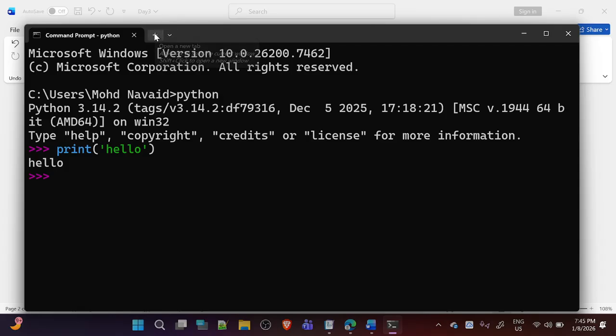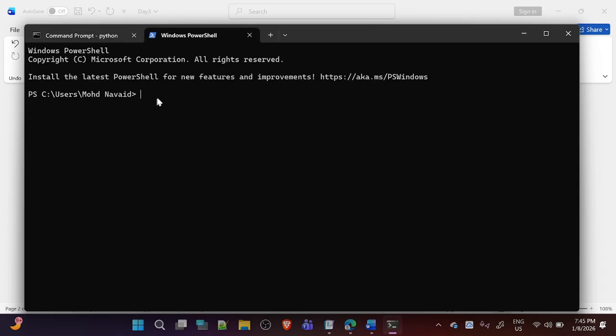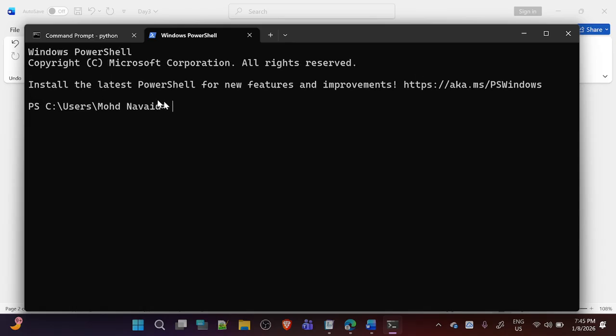But if you open another tab and haven't typed python, which means the Python shell is not opened, and you try to type print hello, it will display 'Unable to initialize device PRN'.